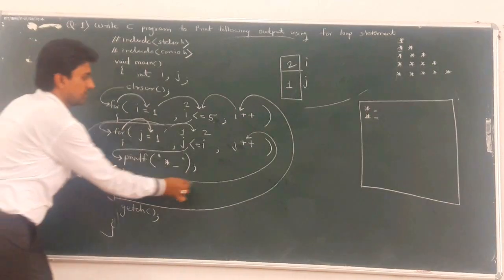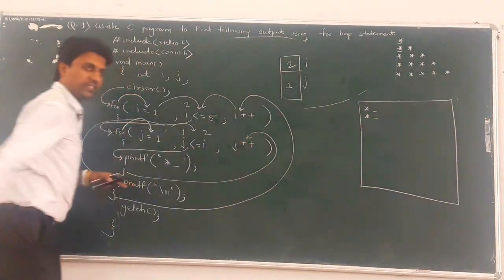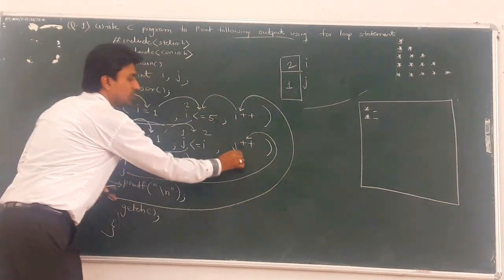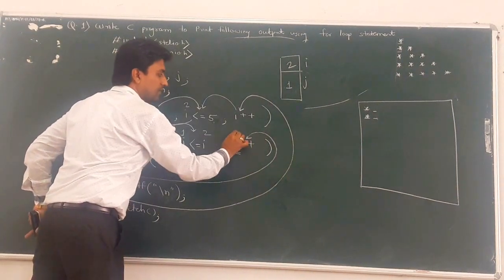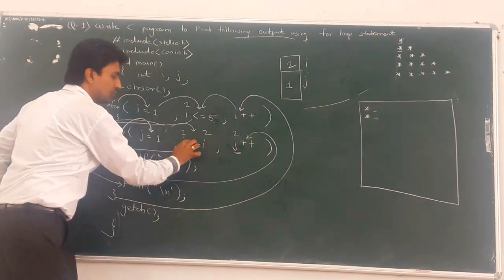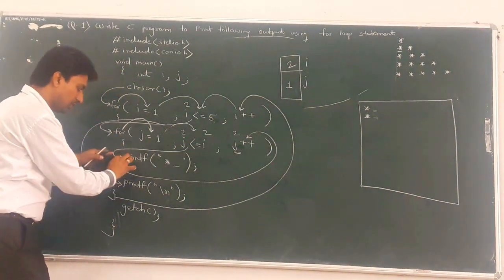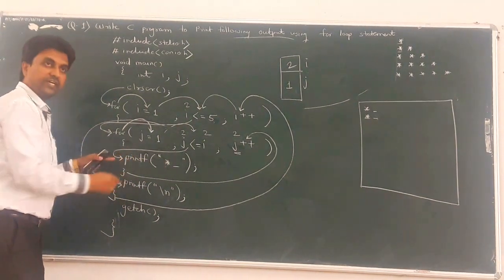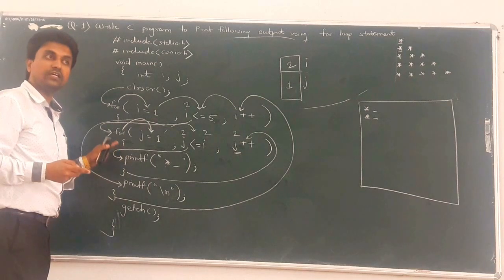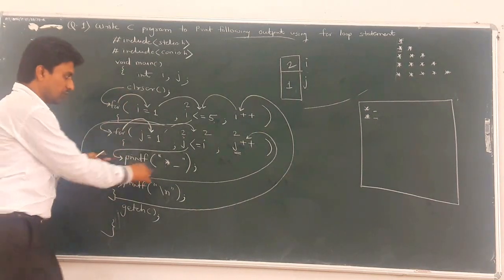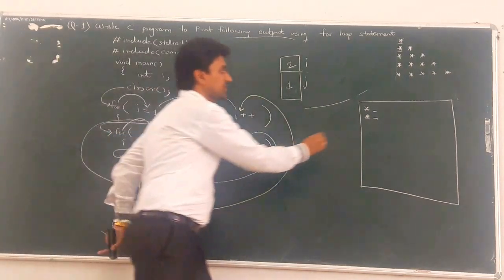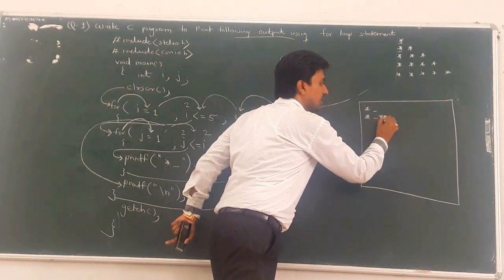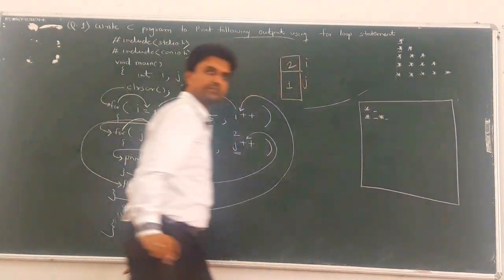Next, the increment. So what is j plus plus? The current value of j is 1, now it becomes 2. j 2 less than or equal to 2, condition true. Again printf star, so this printf statement executes 2 times for the second row. Again star and here one space.